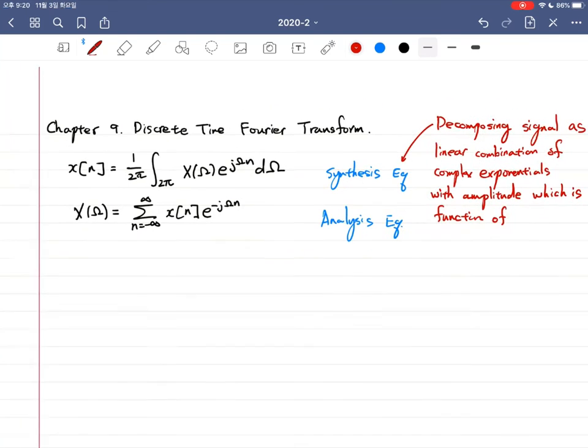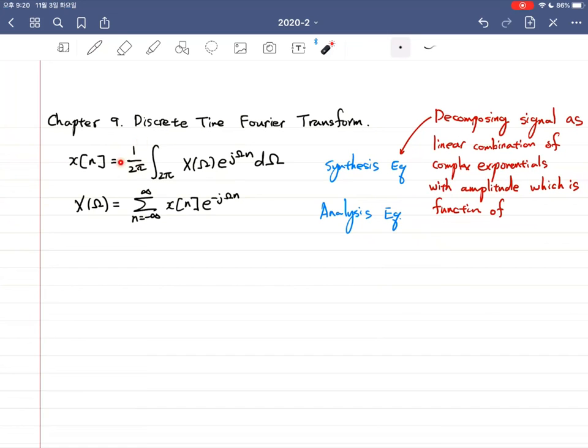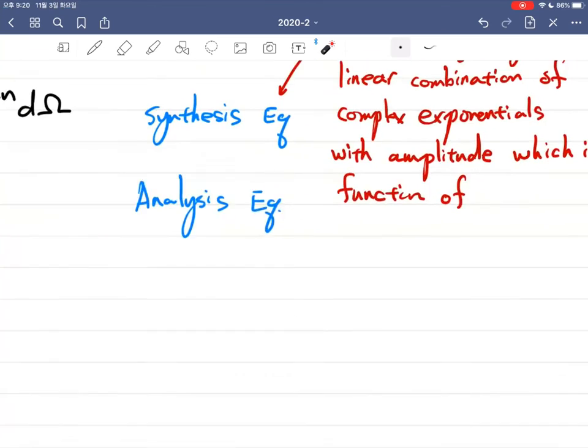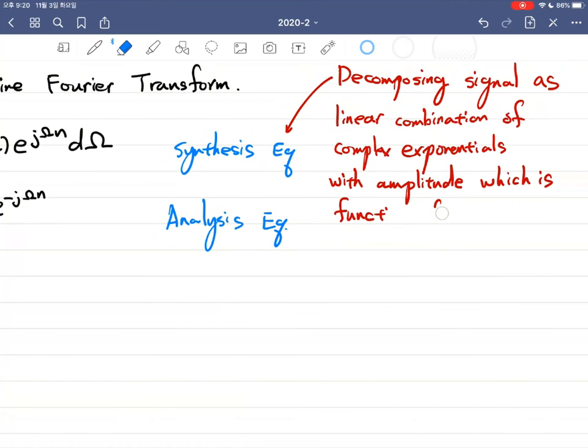I said proportional because you have to have this 1 over 2 pi and this delta omega to complete the amplitude. So it is correct to say proportional. My bad.